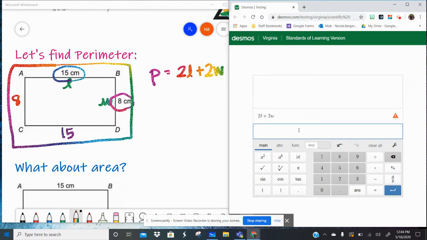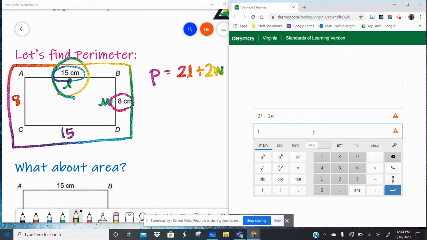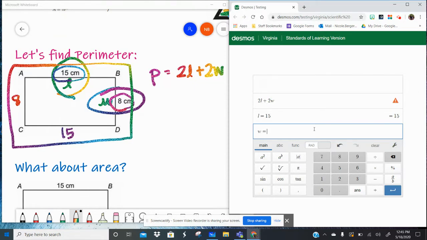Now I just plug in what I know into the computer, right? I'm going to say, okay, well, that L is 15. So I'll come over here. L equals 15. And then I'll say that W is 8. W equals 8. And then boom, right there on that top line, it does it for me.